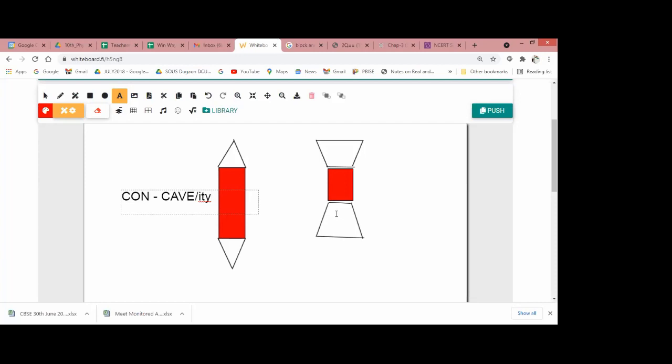When the ray is incident, there's a cavity where the rays are being incident. Am I correct? Yes, sir. On the other way around, if I hold it this way and the rays are coming from here, is it the cavity? Yes, no, sir. So concave are those where the rays are being incident on the cave part of it.